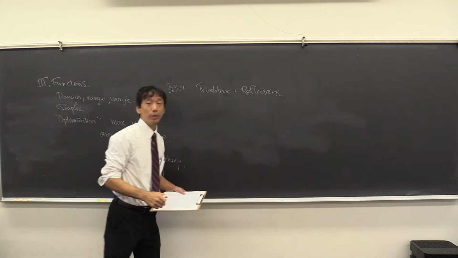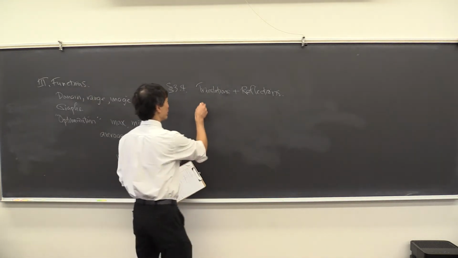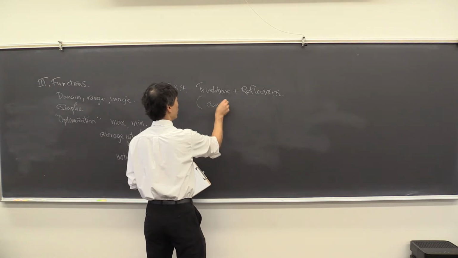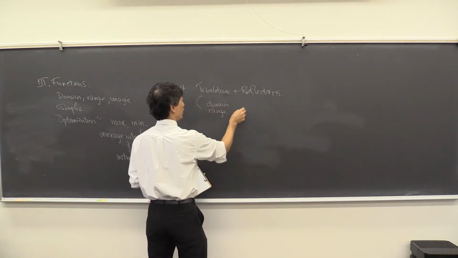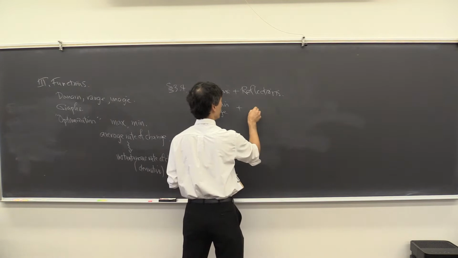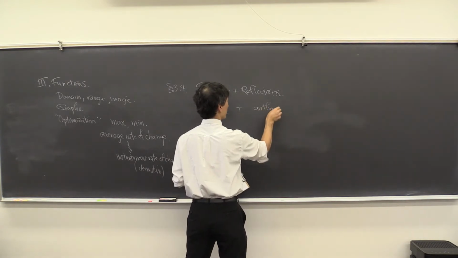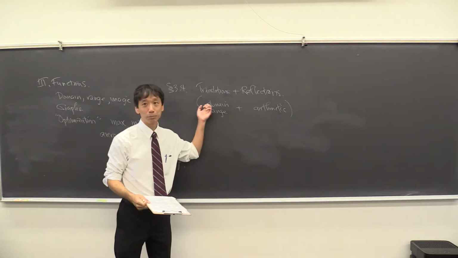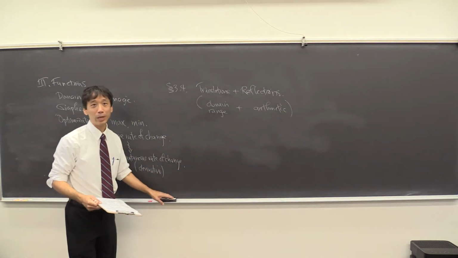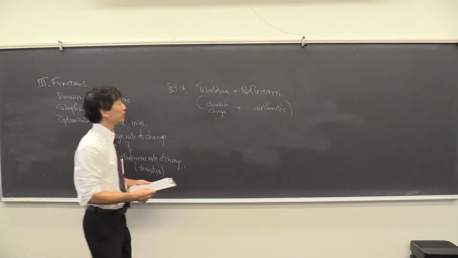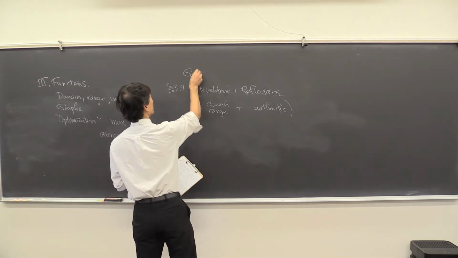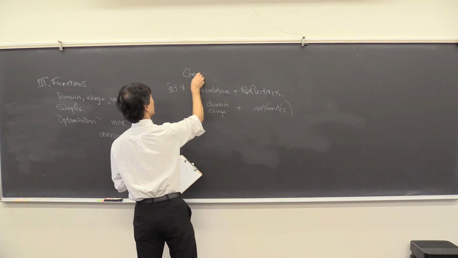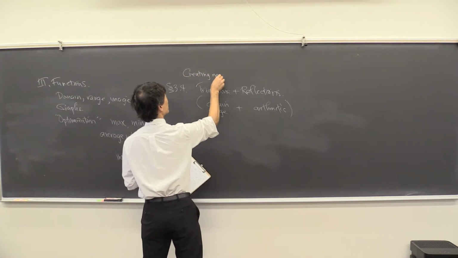You can think of this as a combination of the concepts of domain and range, plus arithmetic. Or you can think of it as getting new functions out of old functions. That's what we're doing in the next two sections. Creating new functions from old.